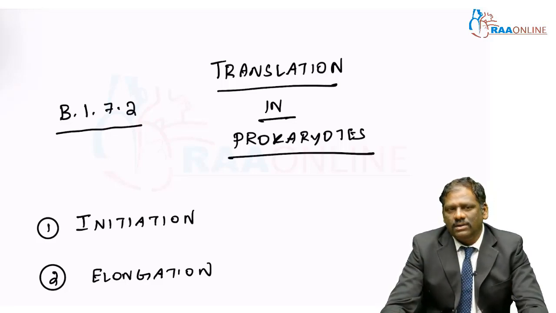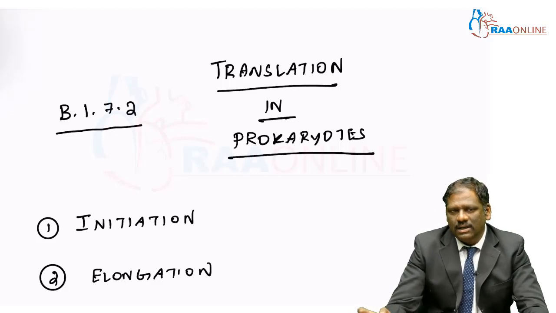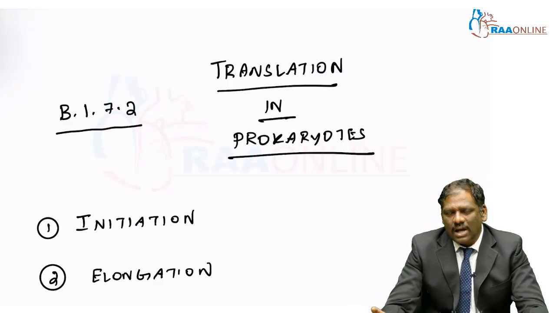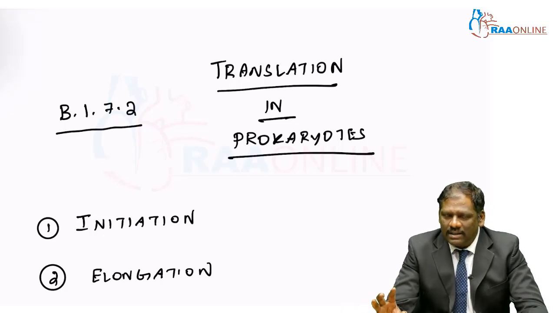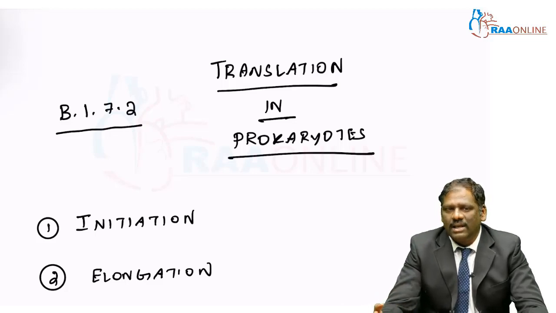The tRNA has a DHU arm, which is the dihydrouridine arm, and through this arm the tRNA tries to understand which amino acid the synthetase is carrying and which amino acid it can attach. This attachment of the amino acid to the tRNA is called charging of tRNA.